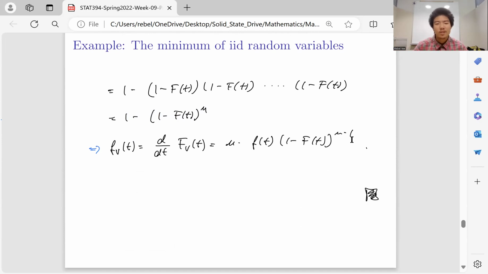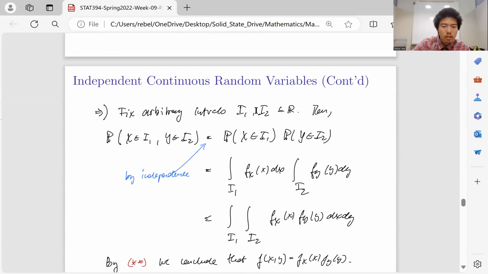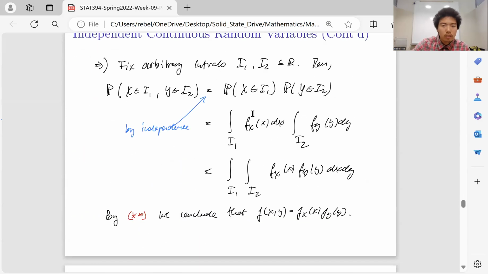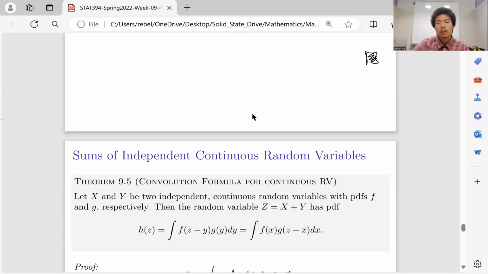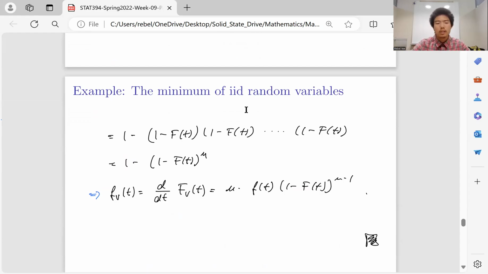So that's the example of the minimum of identically distributed random variables. So that's also one example of how independence is used in some real cases.